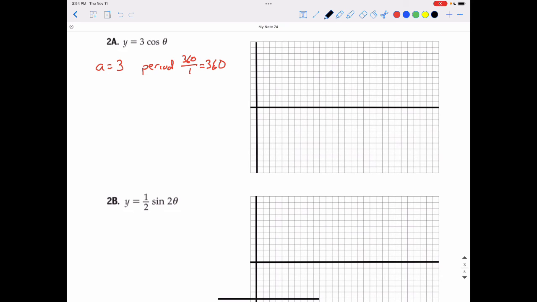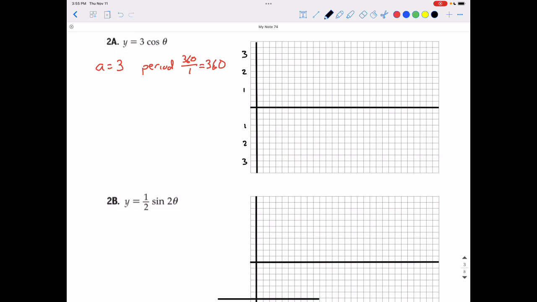So for the y-axis, we're going to have to make sure we can at least reach up to 3 and -3. So you've got pretty much whatever option you want to use. So I'm going to make each 3 blocks equal to 1 unit. Just make sure you label them on your assignment so I know exactly what you're trying to graph.